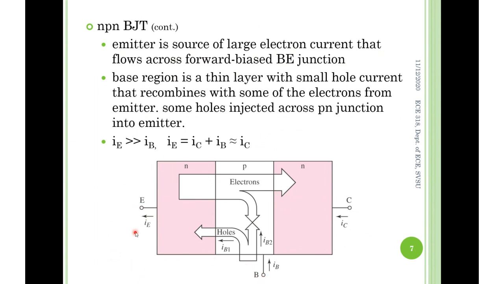The most important thing is that the emitter current is way bigger than the base current, and it also equals the summation of collector current and base current.